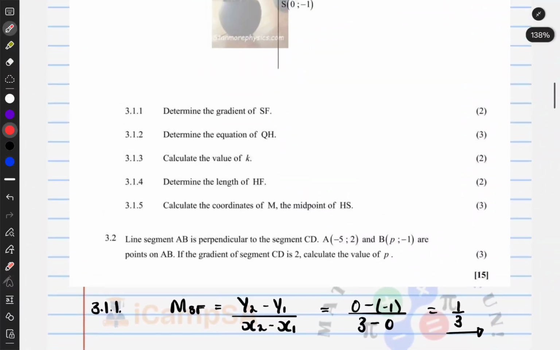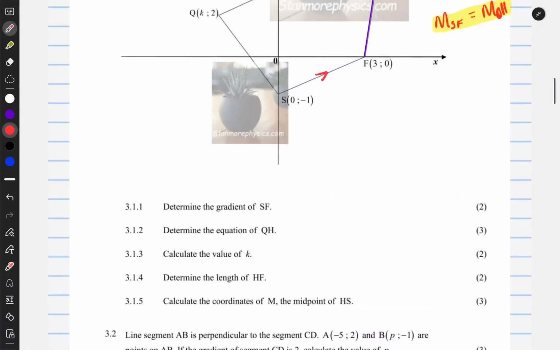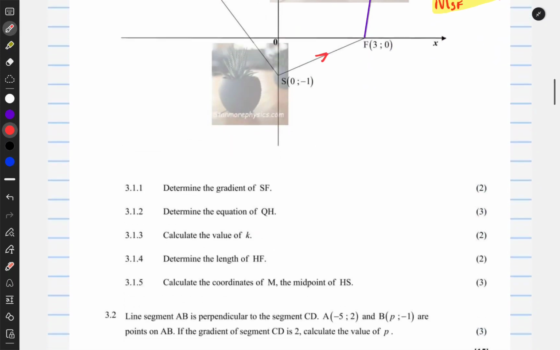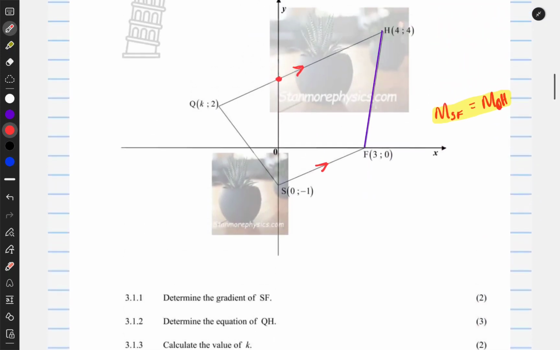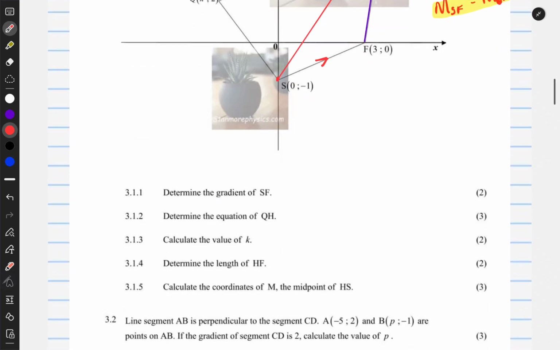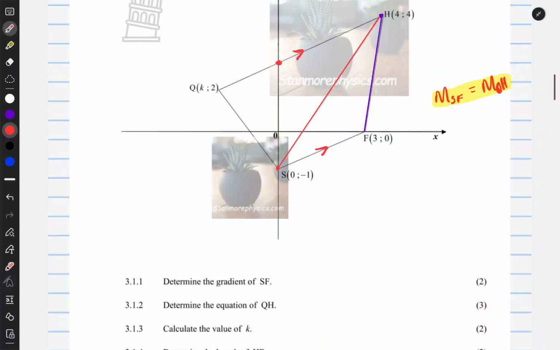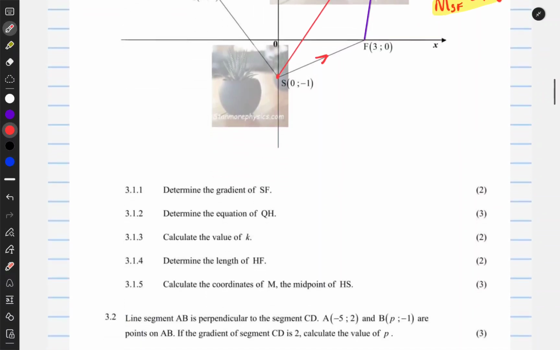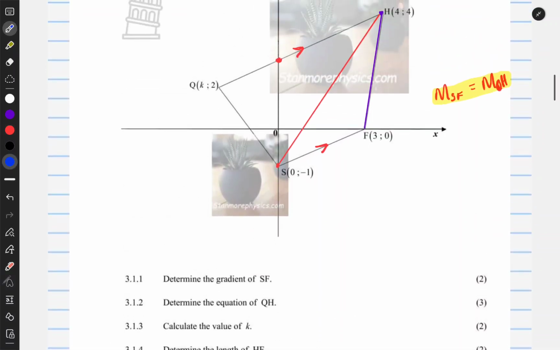Then from there we also calculate the coordinates of M, the midpoint of HS. So right now we are being asked to utilize the midpoint formula. We have the line HS that joins the two coordinates H and S, and at some point there will be a midpoint that bisects the line, dividing it into two equal parts.